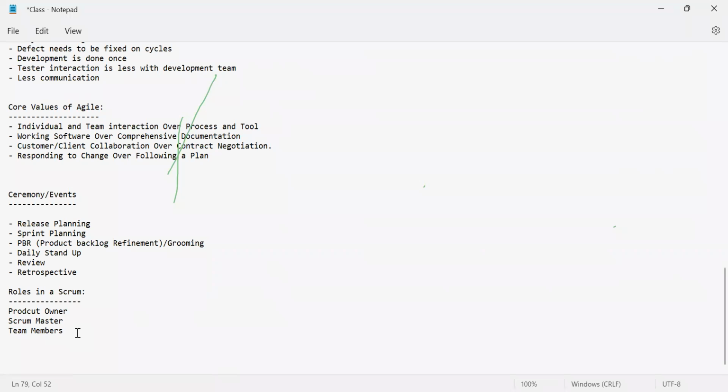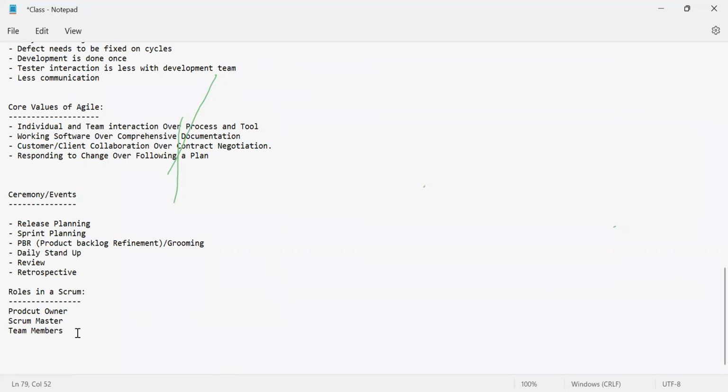And as we were discussing, these cycles can be 1 week also. 1 week is nothing but 5 days. In these 5 days, the team should be capable of doing all these activities: development, testing, which of course includes integration with the previous modules, and pushing to production.